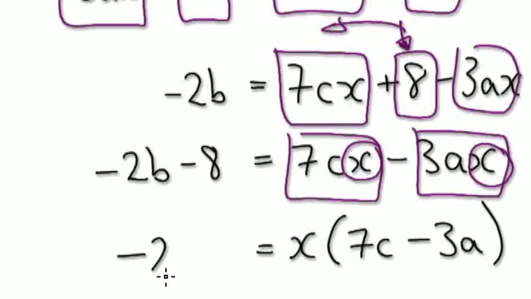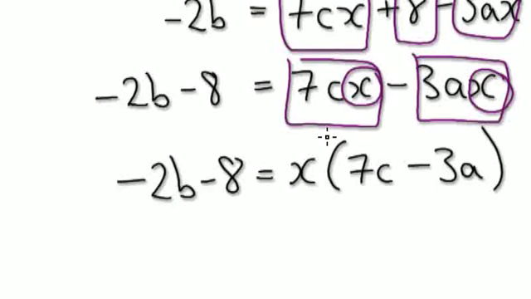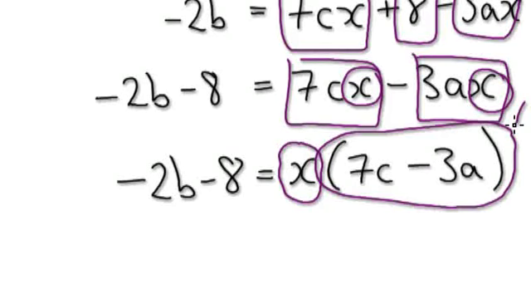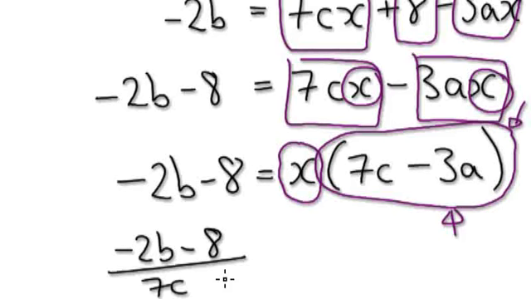So on this side you have minus 2b minus 8 here, and then visualize it as this. You've got one bubble multiplying this bubble here. So kill off this bubble. Divide both sides by this bubble here. So it will be minus 2b minus 8 over 7c minus 3a equals x.